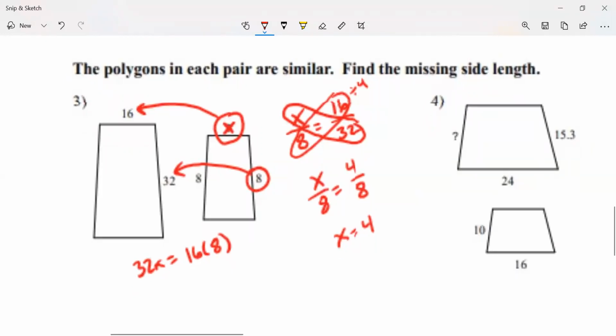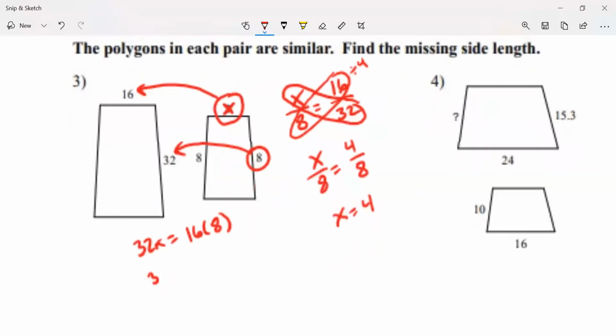So 32 times x is just 32x, right? 16 times 8 on the other side is 128. To get x by itself, let me divide by 32. So 128 divided by 32, it gives me that x is equal to 4.